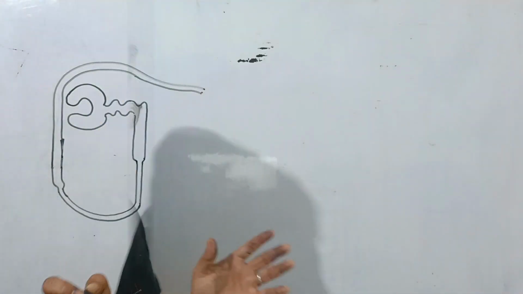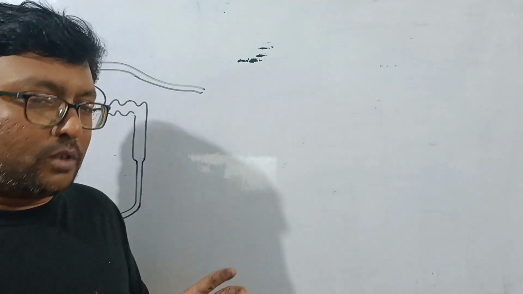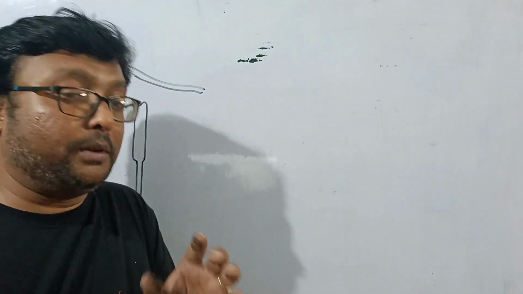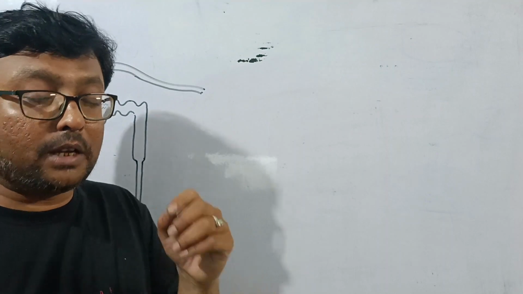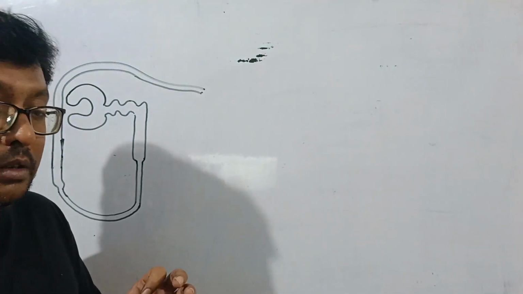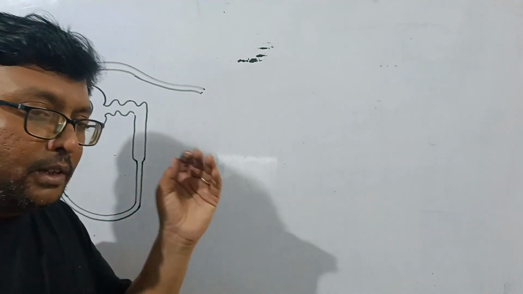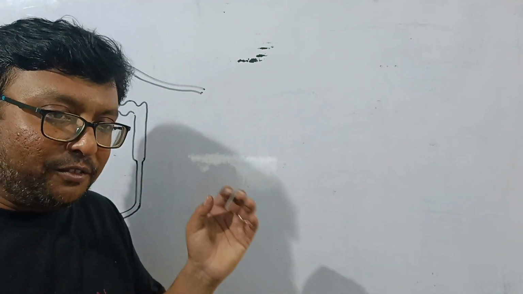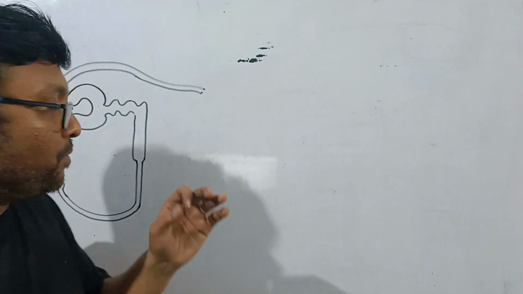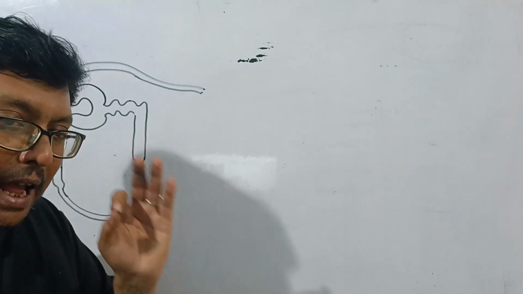Anyway, I am not saying this is the exact structure, but yes, I just tried to show you the appearance of the exact structure. So you'll find difference between the scientific or simplified structure and this actual structure.